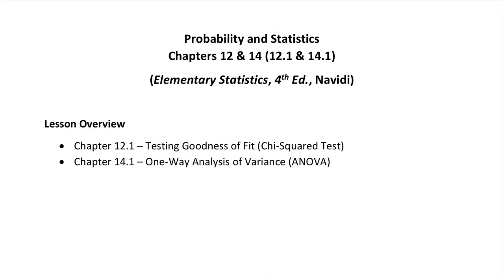And now here we are going to look at situations where we have data and typically a claim, a distribution that we're comparing against to see if our sample shows evidence for or against that particular claim being made. There are other types of tests like these.